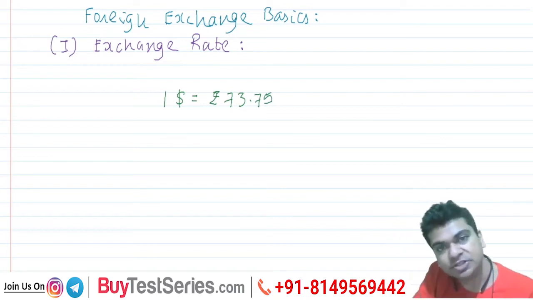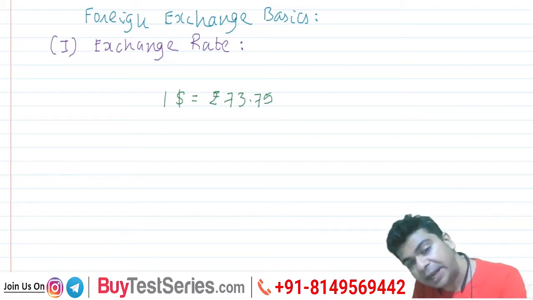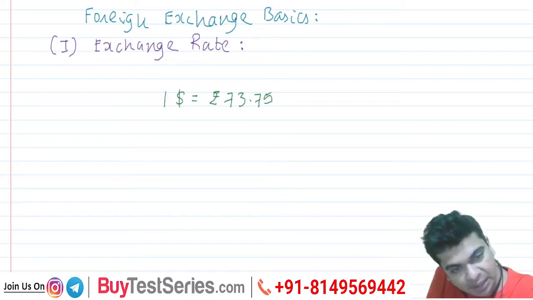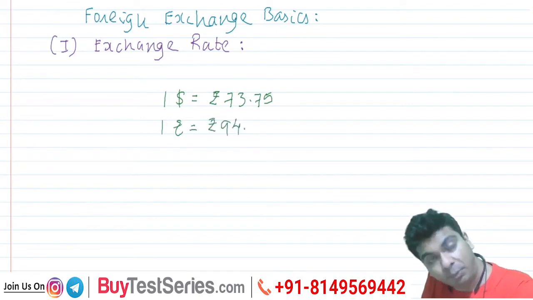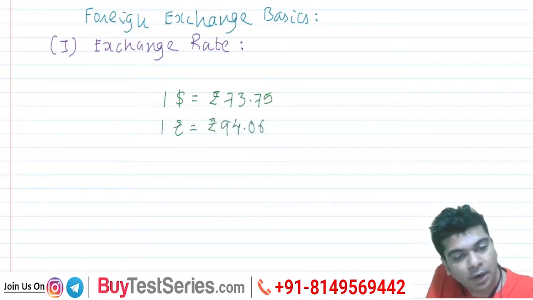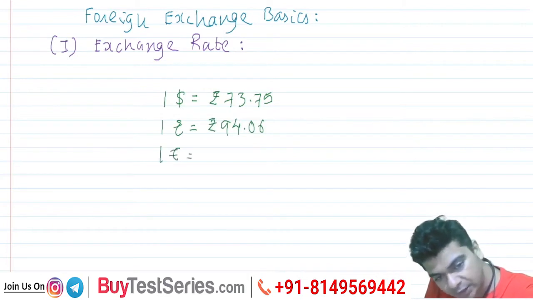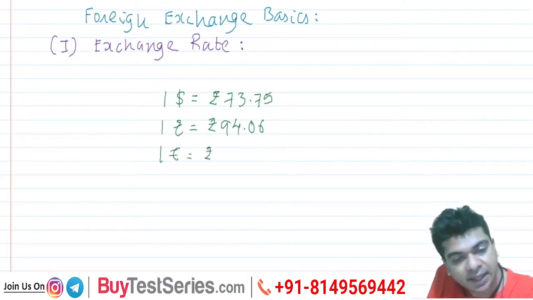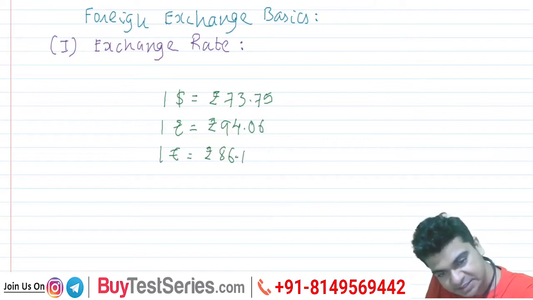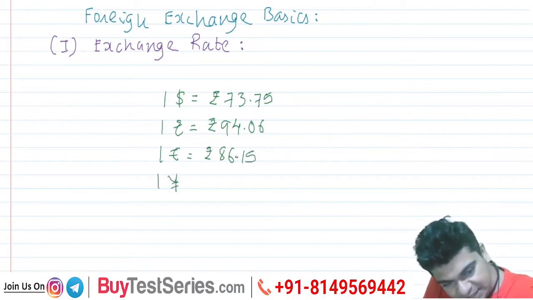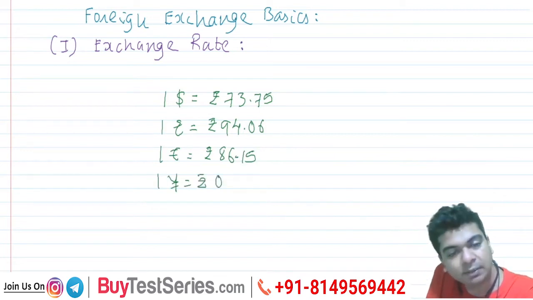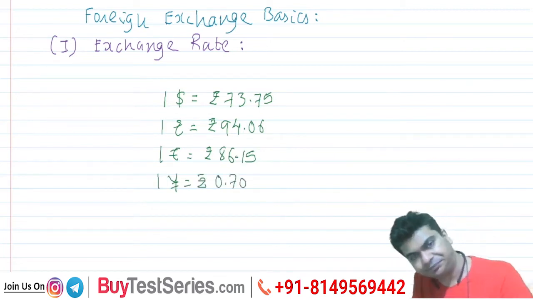This is the rate at which the dollar can be converted into Indian rupees. Similarly, let us say 1 pound is equal to around 94 rupees, or 1 euro is around 86.15, right? Or let's say 1 yen is equal to rupee 0.70.